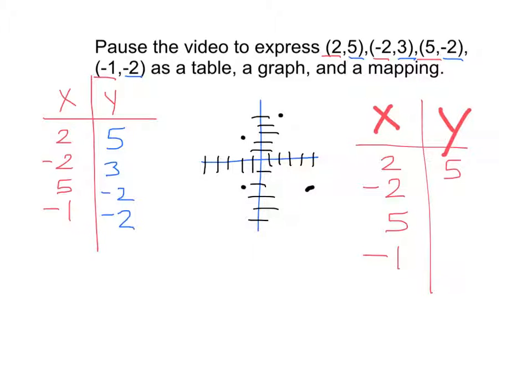The 2 and the 5 are connected to each other. The -2 and the 3 are connected. And for 5 and -1, the y value is -2, so we don't have to write that one twice. We can just write it once and make 2 arrows going to the -2.